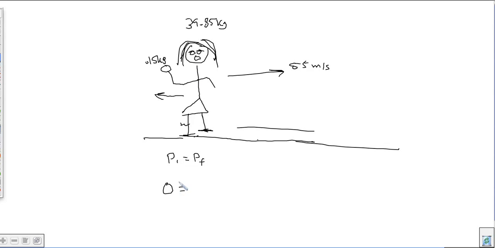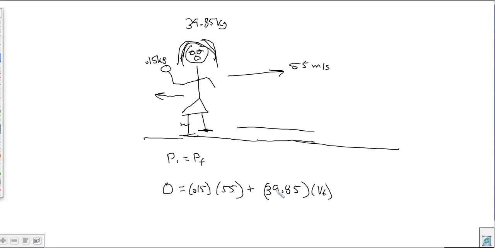So we've got 0.15 as the mass of the rock times its velocity is 55, right? Plus, let's see, plus her mass, right, is 39.85, right? And the velocity final here. So if you go ahead and add this out, what you realize is that this has to subtract from this because it has to equal 0.